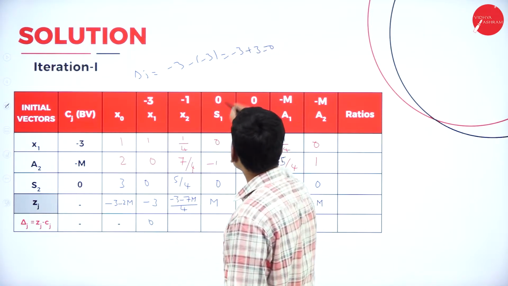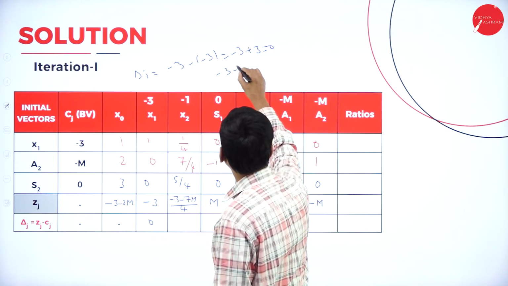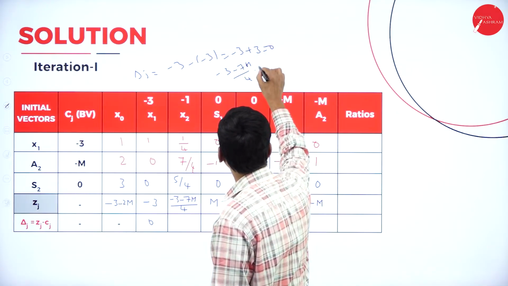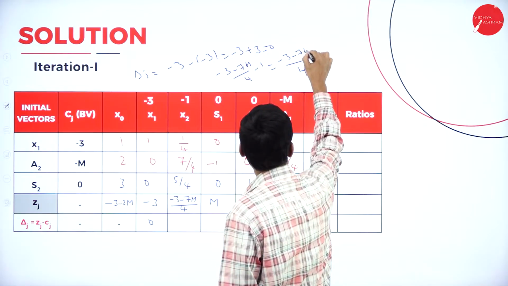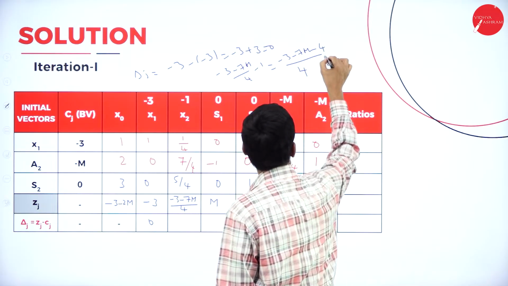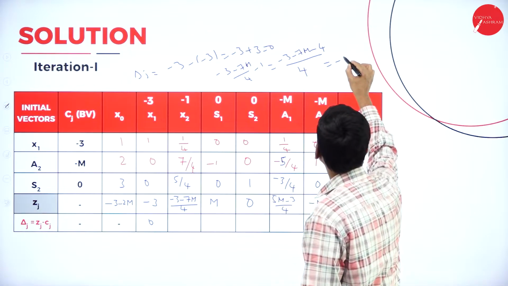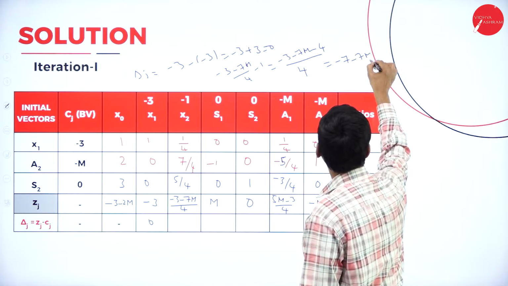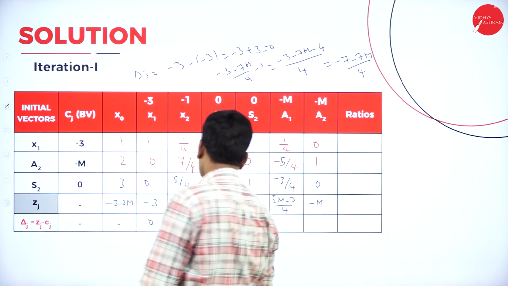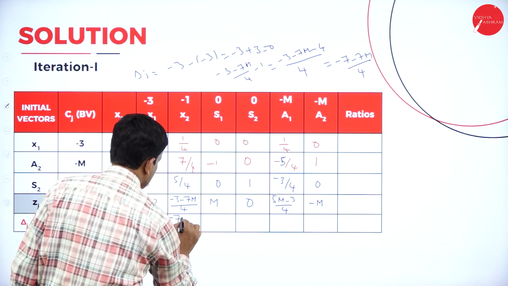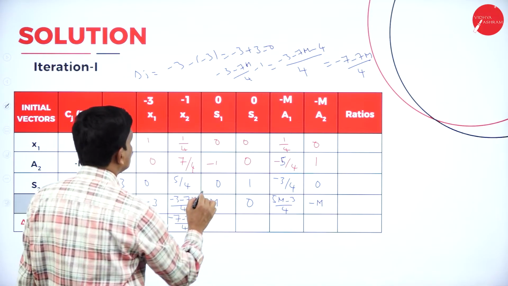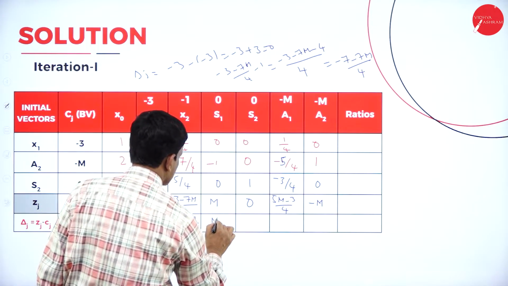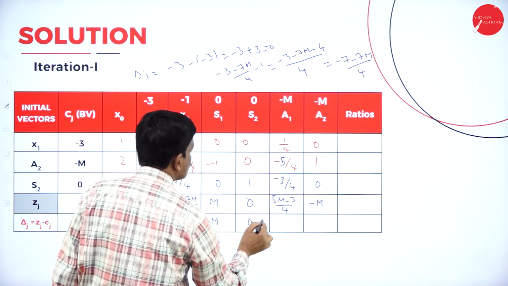Now if you subtract minus 3 minus 7M by 4 minus 1, take LCM, 4 is LCM, minus 3 minus 7M minus 4. This is minus 7 minus 7M by 4. So this becomes minus 7 minus 7M divided by 4. Now M minus 0 is M. 0 minus 0 is 0.